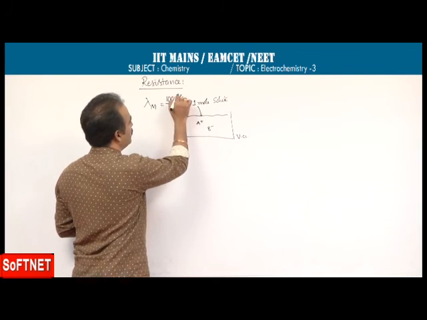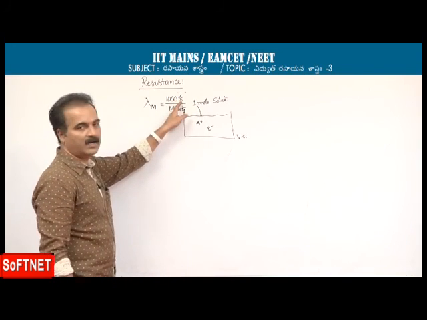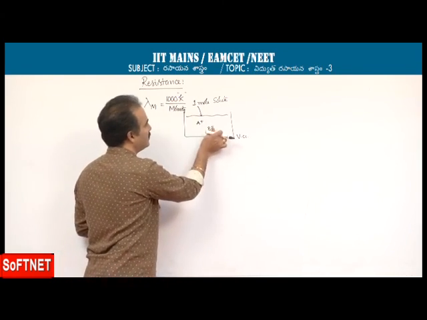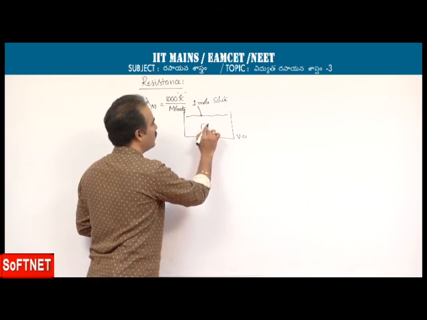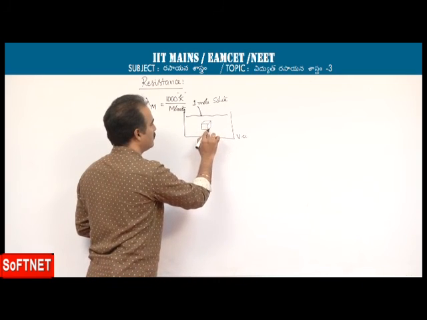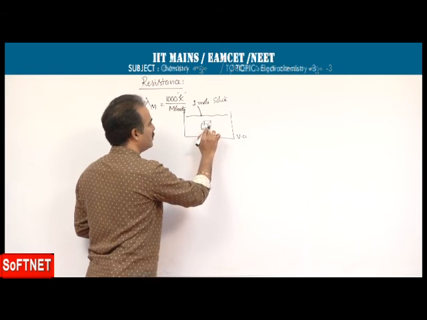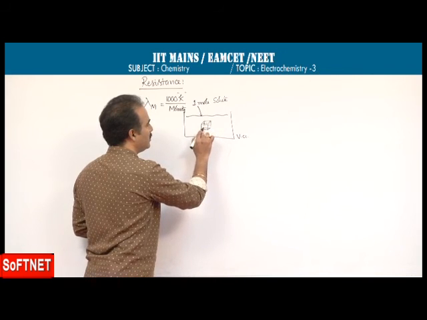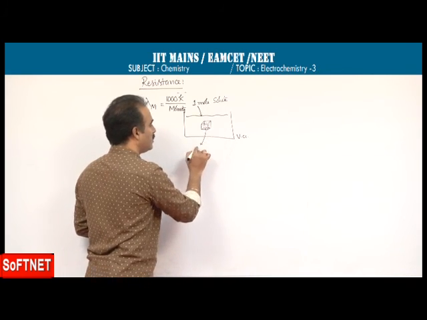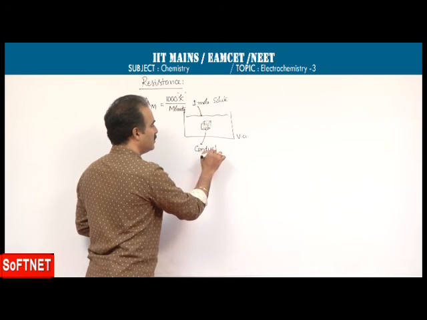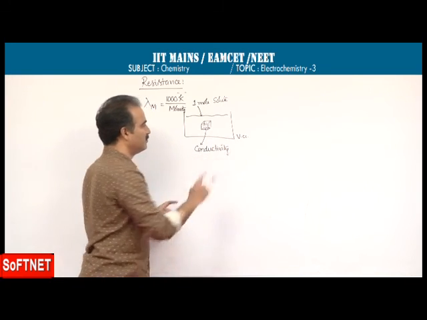What is K here? K is nothing but specific conductance. What is specific conductance? Suppose you take 1 cc of solution, and all the ions present in this, whatever the conductance shown by them is called conductivity.